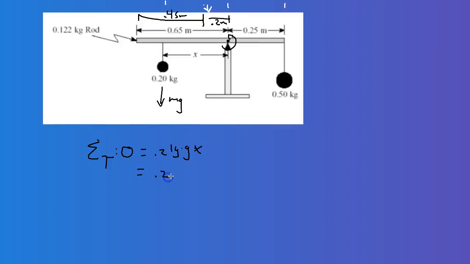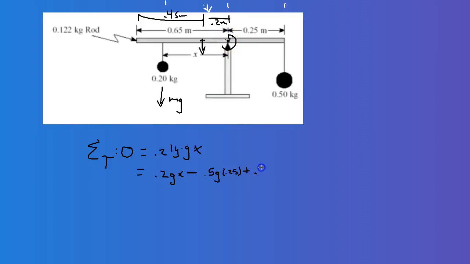So 0.2 g x minus this negative torque here of 0.5 kilograms times g for its weight times the distance away of 0.25 meters, and then plus we're going to have a positive torque from the actual weight of the beam since it's located right here, 0.2 meters away.